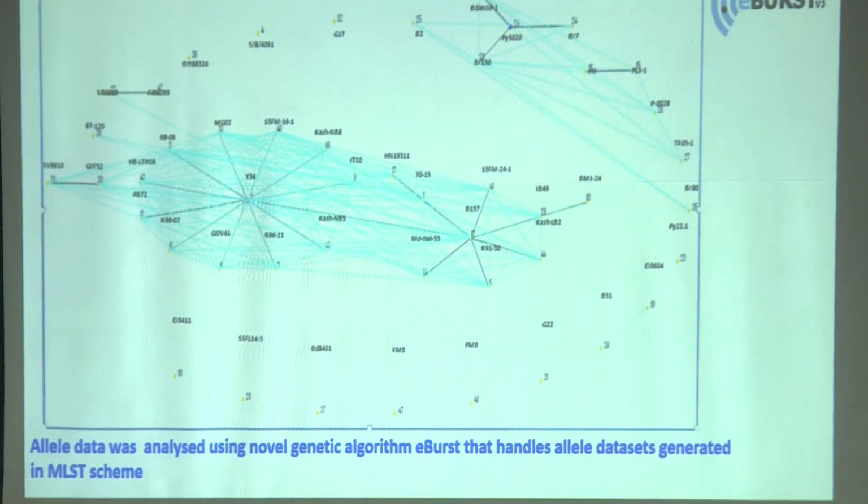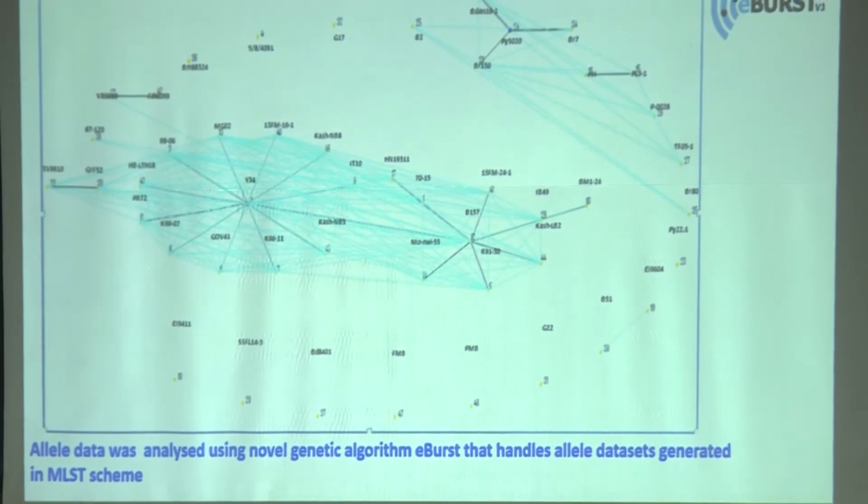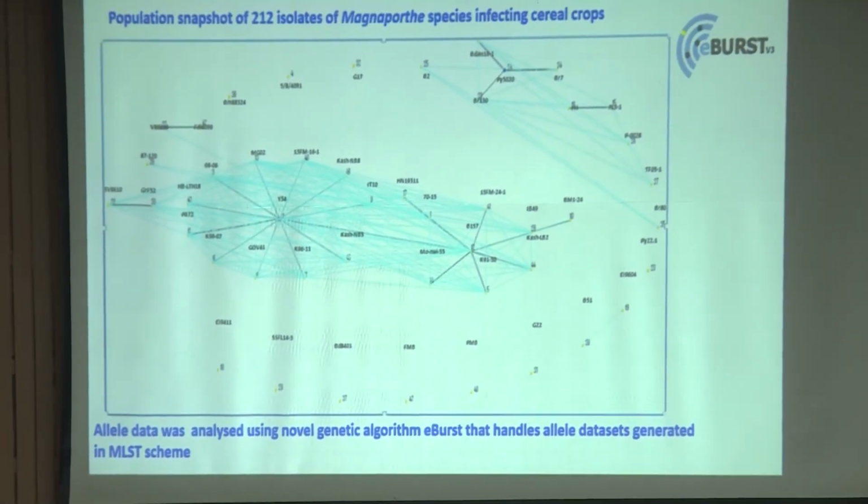And this image reveals how your population behaves. I already told you, two isolates sharing all alleles are duplicates. They are clones. Two isolates sharing all alleles except one, maybe they are twins but not identical twins. Correct? In an analogy.